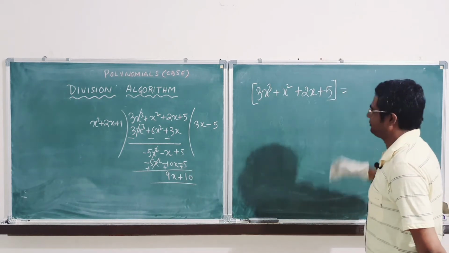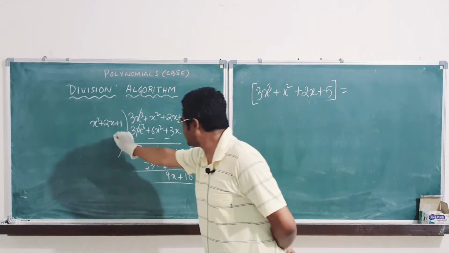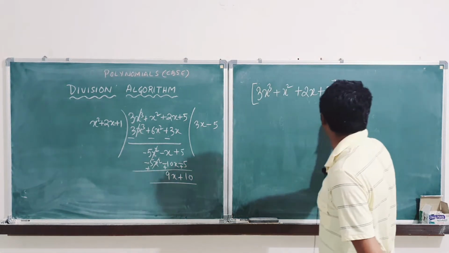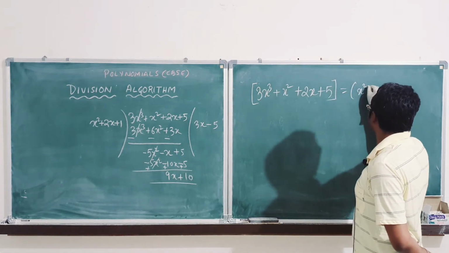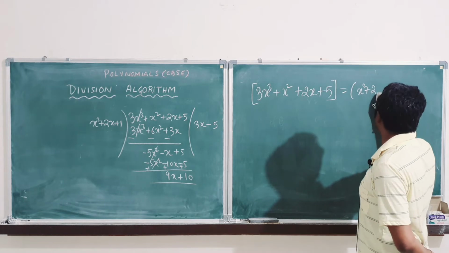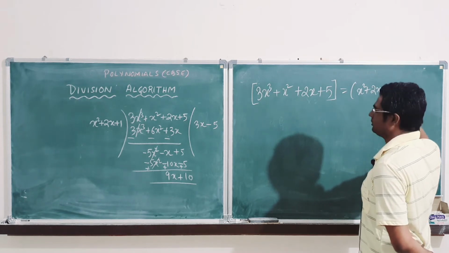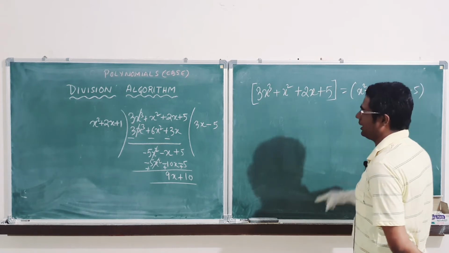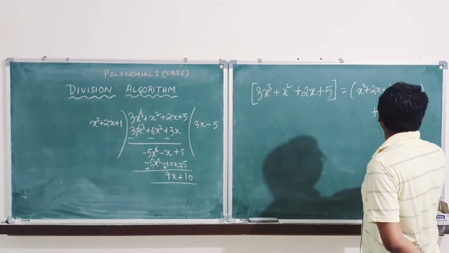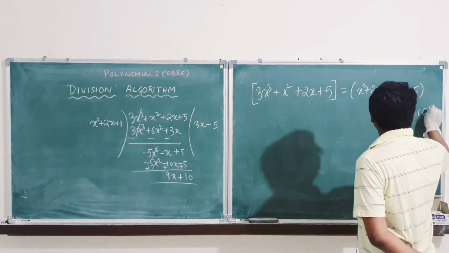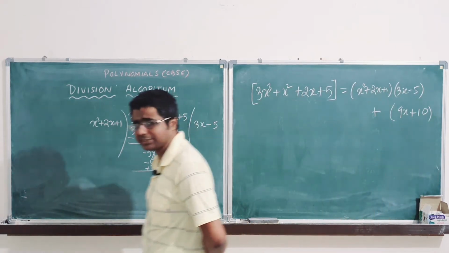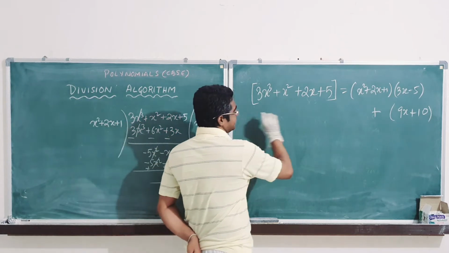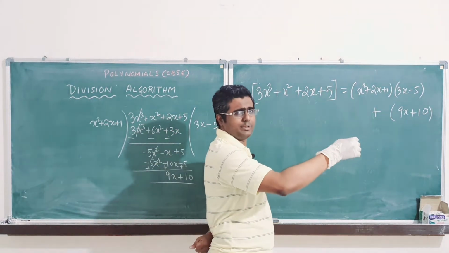This is basically divisor into quotient, that is x square plus 2x plus 1 times 3x minus 5, plus the remainder, that is 9x plus 10. Clear guys? 9x plus 10, absolutely clear? So if this is correct, this is the algo we are developing.